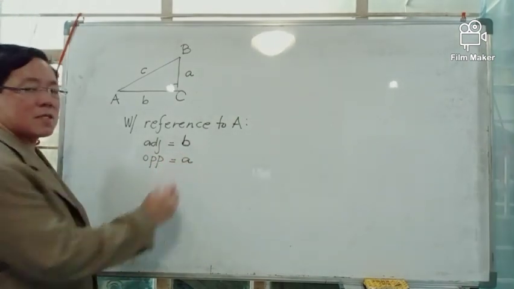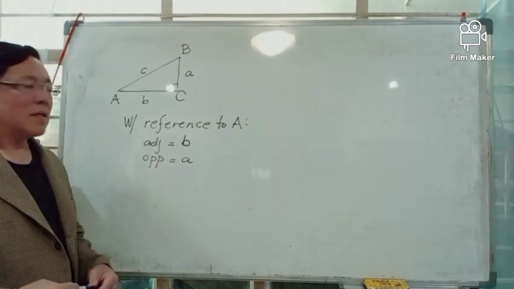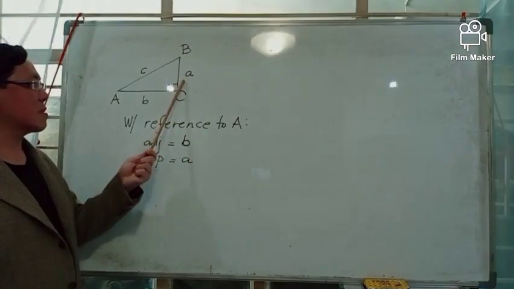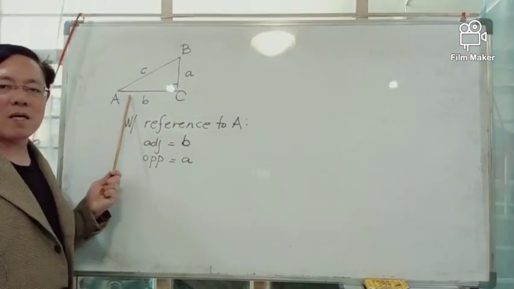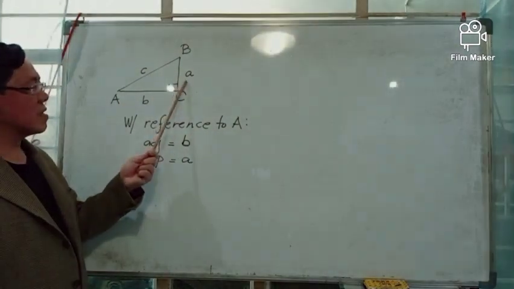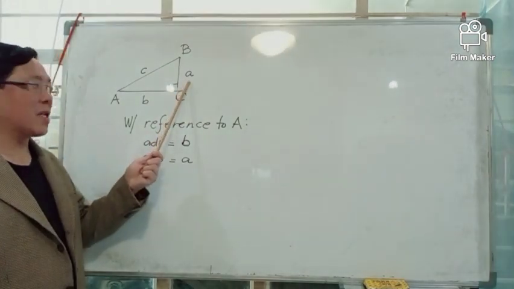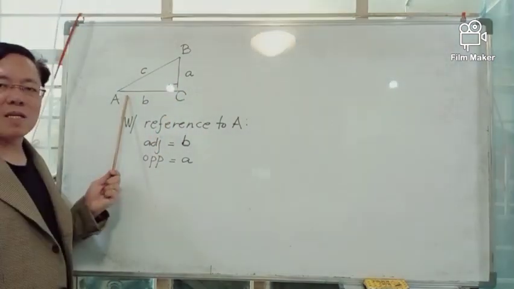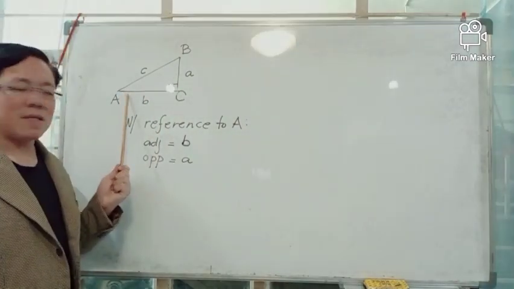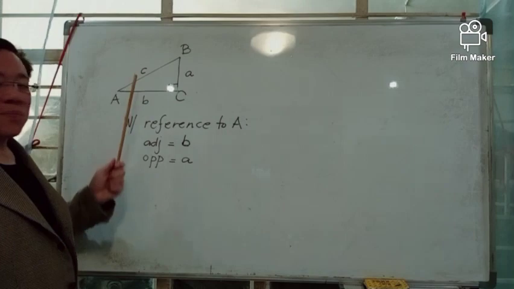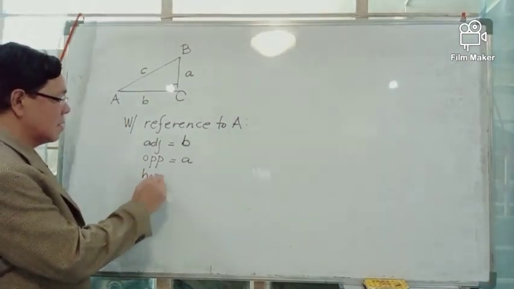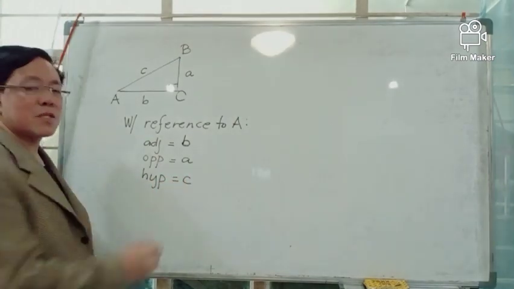Small a is called the opposite side first because it is opposite the acute angle A that we considered. And this small a is not connected with angle A. And the hypotenuse is still small c.